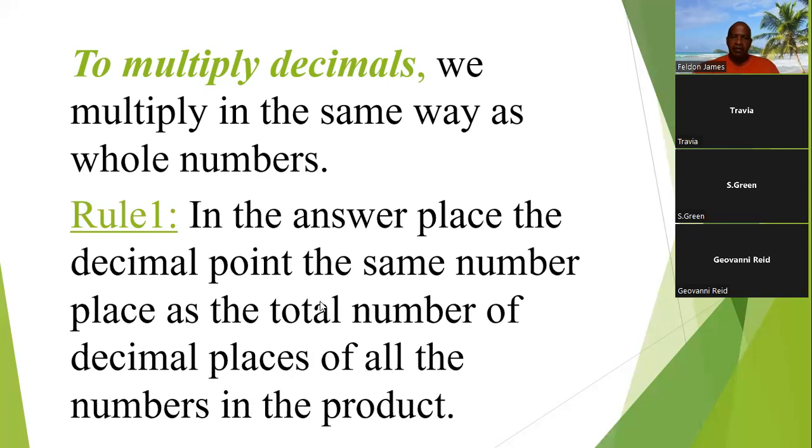Now, if you have decimal points, then the rule is we multiply in the same way as how we multiply regularly. And then we have to think about the numbers that we are multiplying and see how many decimal places each of these numbers has.